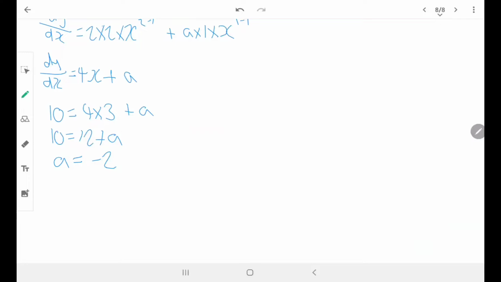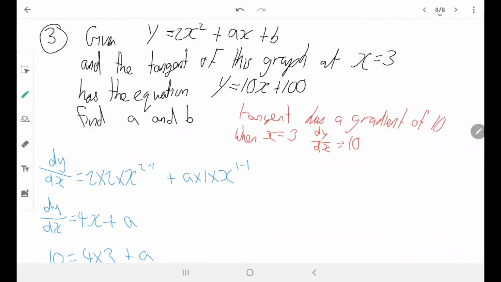So we have y equals 2x squared minus 2x plus b. Now what else do I know? Well, I know that our tangent has an equation of y equals 10x plus 100. And we know actually what x is, so we can work out what y is.